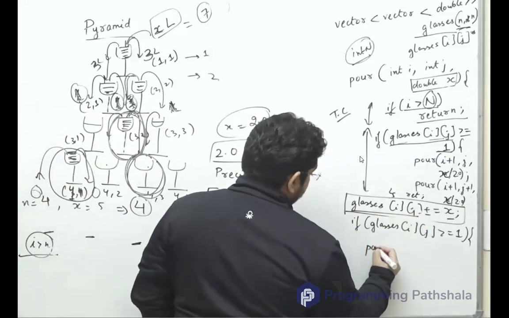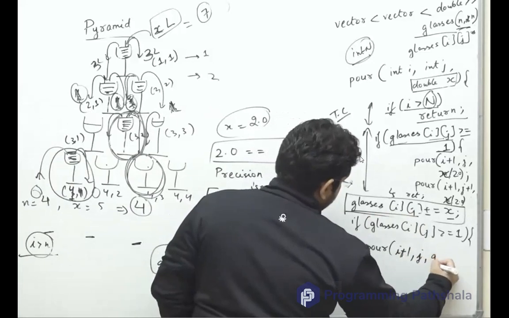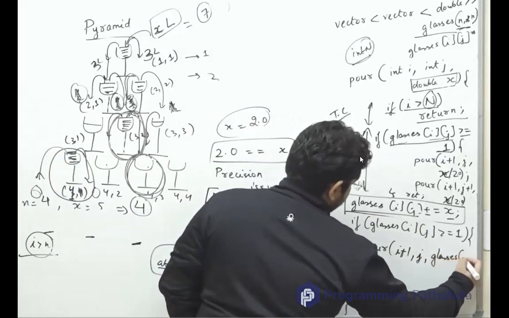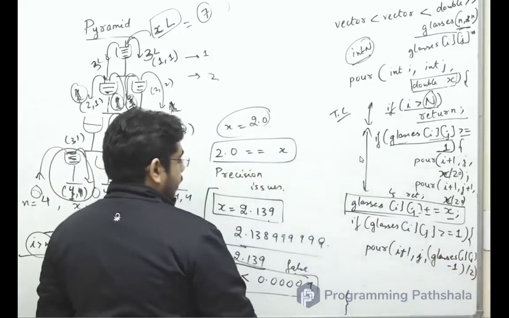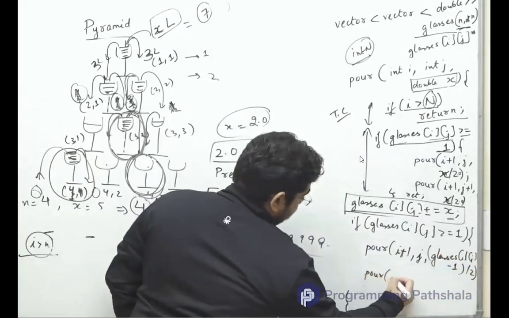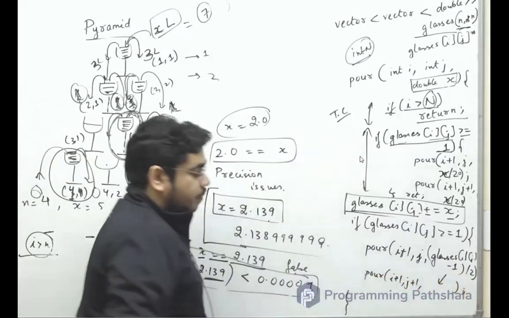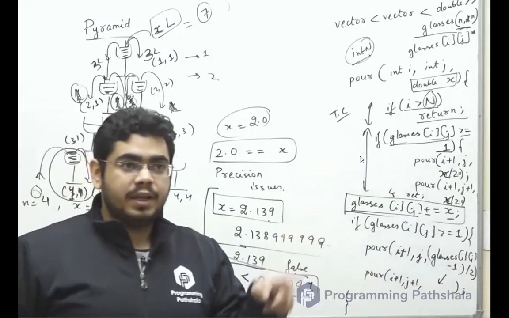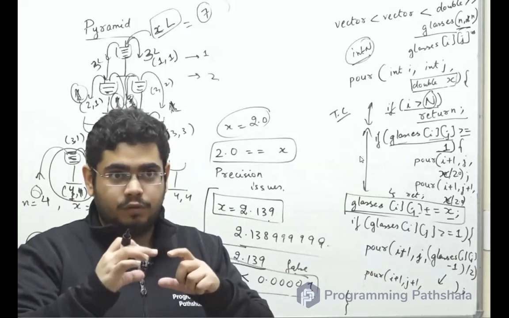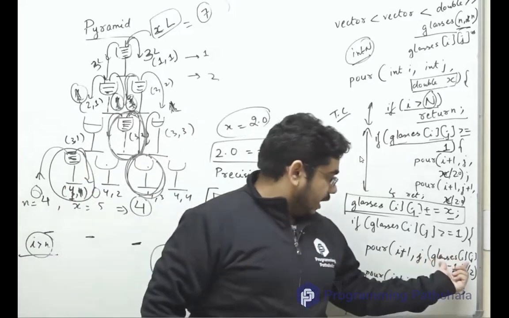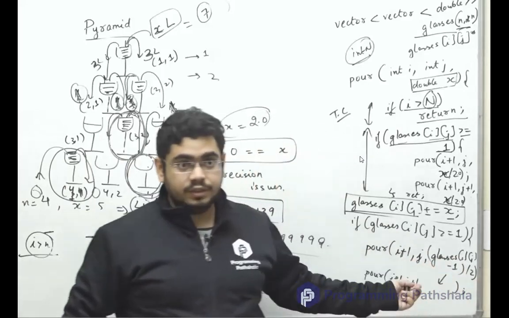So I'll say pour i plus 1, j, glasses of ij minus 1 by 2. And similarly pour i plus 1, j plus 1, the same thing. Why glasses of ij minus 1? That 1 will remain in that glass, right? That will not overflow. So what will overflow? Glasses of ij minus 1. Now whatever overflows, you put half on both the sides.